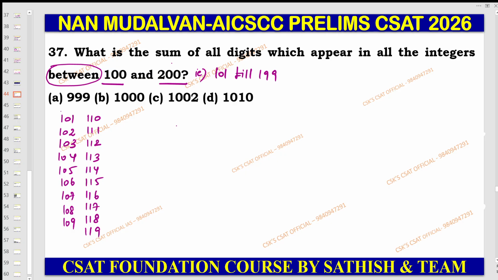Now one more, 120, 121, 122, 123, 124, 125, 126, 127, 128, 129. Just for the logic I am writing here. Now try to understand. The 1 comes in the 100 place.